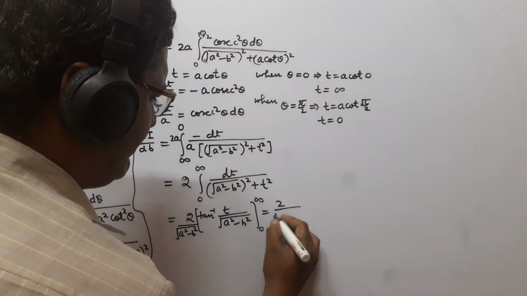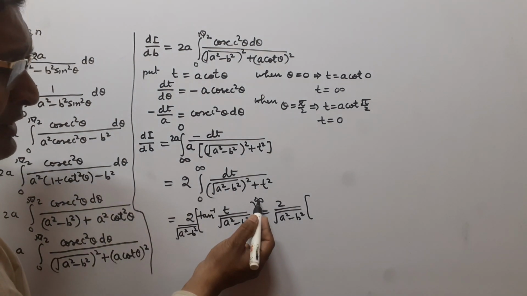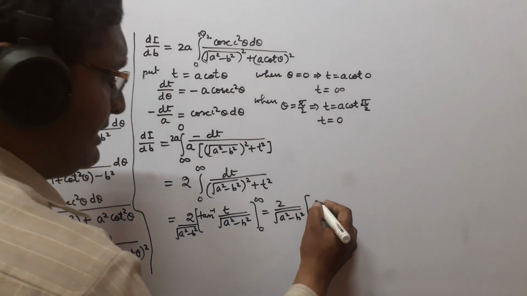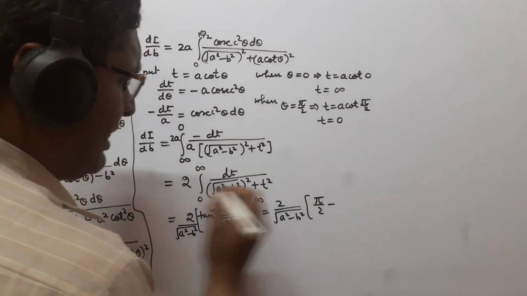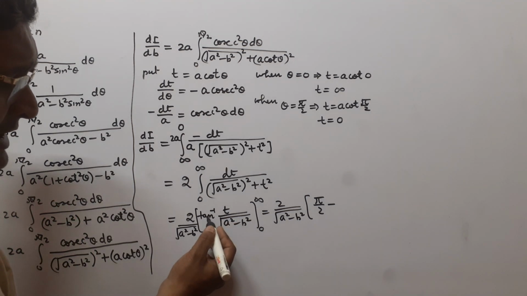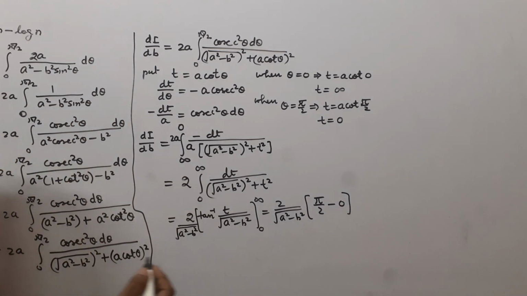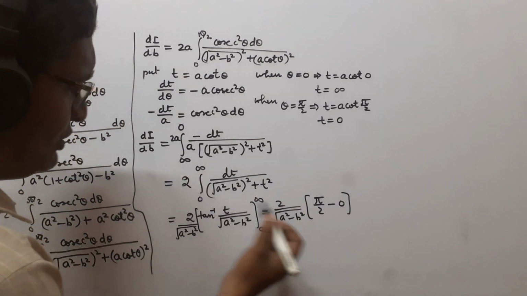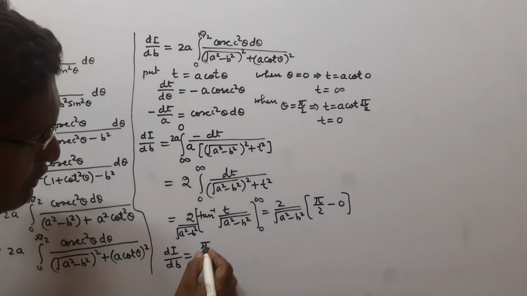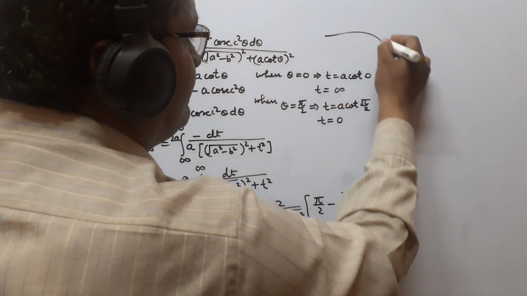Putting the upper limit in place of t, tan inverse infinity is pi by 2, minus, when we put 0 in place of t, tan inverse 0, which is equal to 0. So this 2 cancels by this 2, and we get dI upon db equal to pi upon under root a square minus b square.